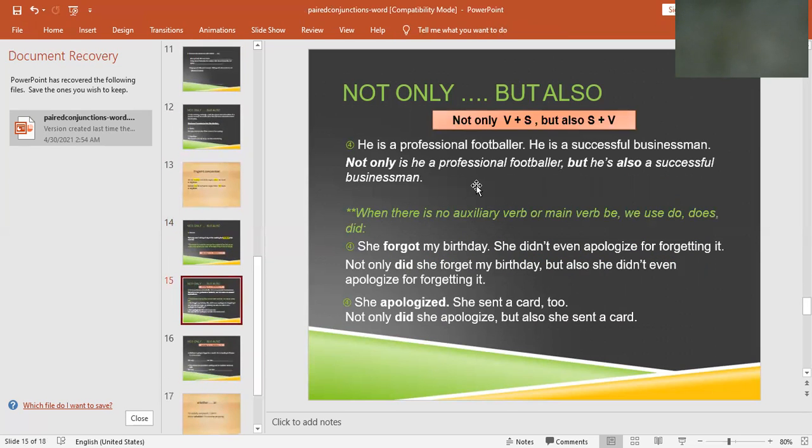Okay, not only but also. Here is another explanation about it. You see here the green line. When there is no auxiliary verb or main verb be, we use do, does, or did.